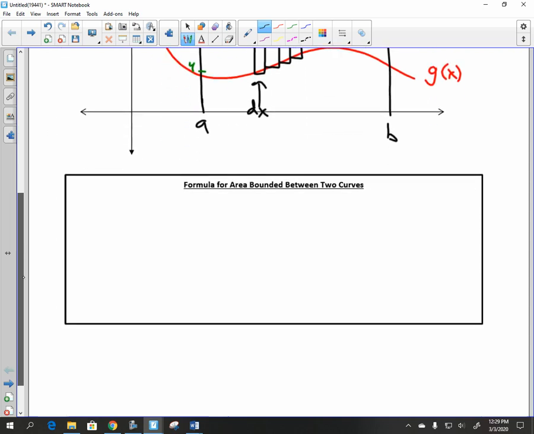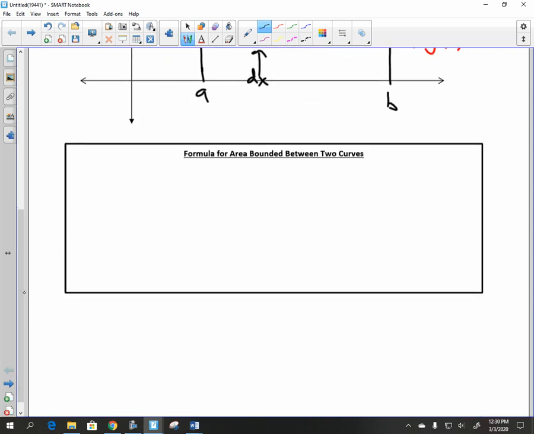Instead of doing the area of one rectangle, we want the area of an infinite number of rectangles. So we slap on the integral symbol. We go from a to b. And we do f of x minus g of x dx.